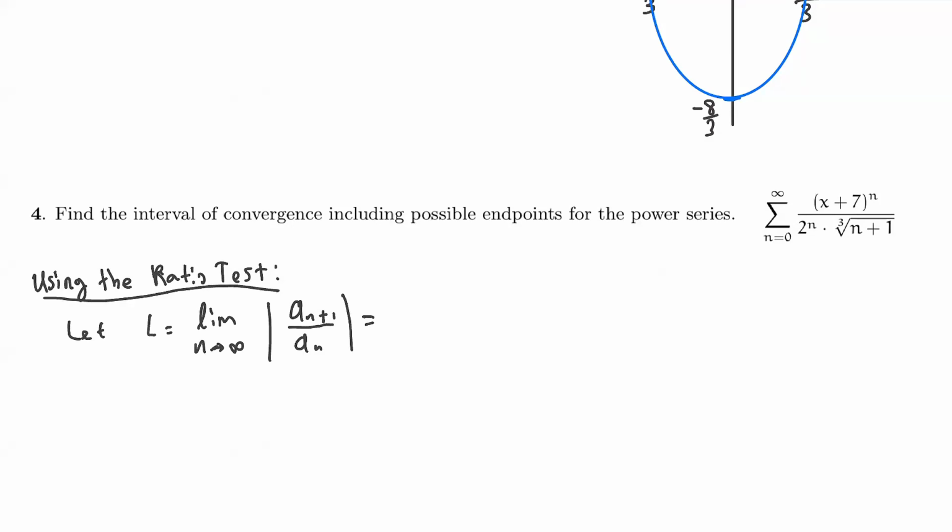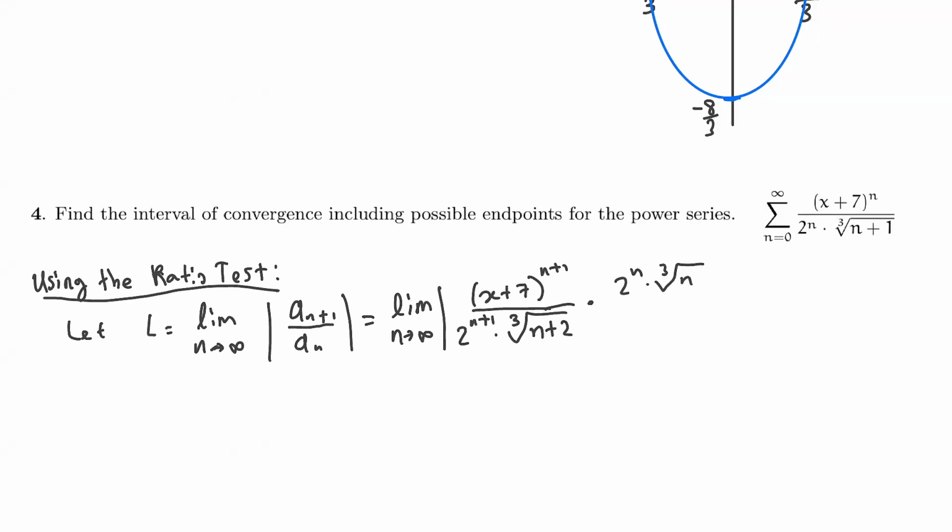So in our case, this will equal the limit as n goes to infinity of the absolute value of, in parentheses, x plus 7 to the power of n plus 1 divided by 2 to the n plus 1 times the cube root of n plus 2, because we are going to have n plus 1 times the reciprocal of a sub n. So it's going to be 2 to the power of n times the cube root of n plus 1.